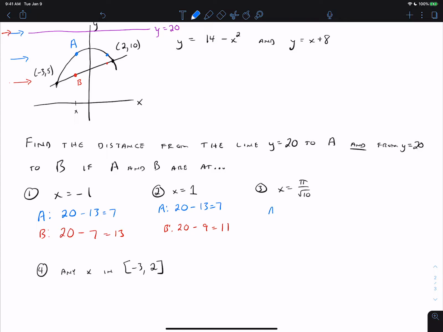For number 3, top y is 20. Bottom y is 14 minus (pi over radical 10) squared. For point B, top y is 20. Bottom y is pi over radical 10 plus 8.